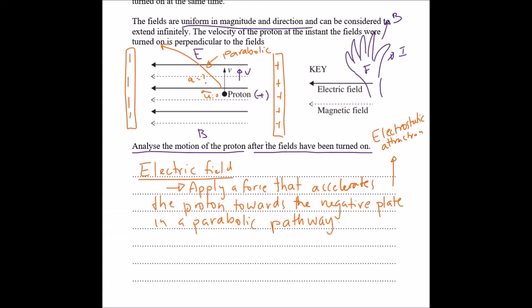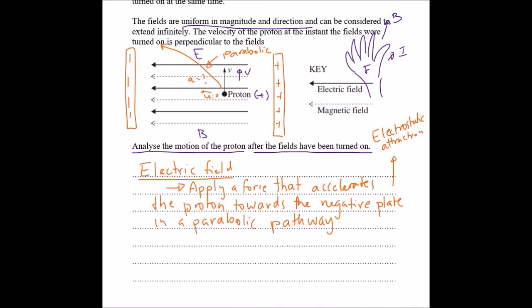Okay? My fingers are going to line up with the direction of the magnetic field. The magnetic field is going to the left-hand side of the page. So when you have your palm together, you should have a thumb pointing up, fingers pointing to the left, and the face of your palm should be pointing out towards you.